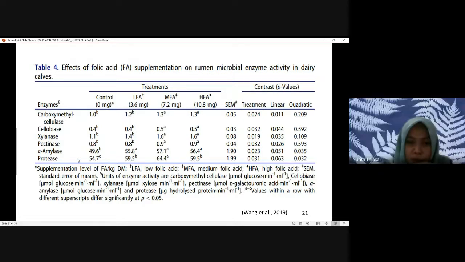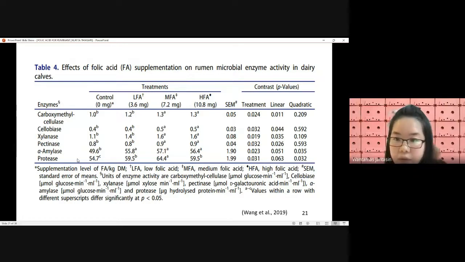I'm sorry, Professor. I think so. The question is the correlation or the relation between the folic acid and this kind of enzyme, right? Yes, I try to understand from your presentation. You mentioned they have mainly two factors when we provide concentrate and foliage, right?